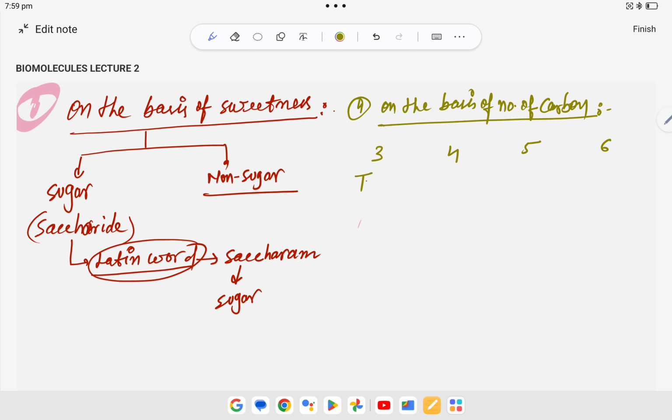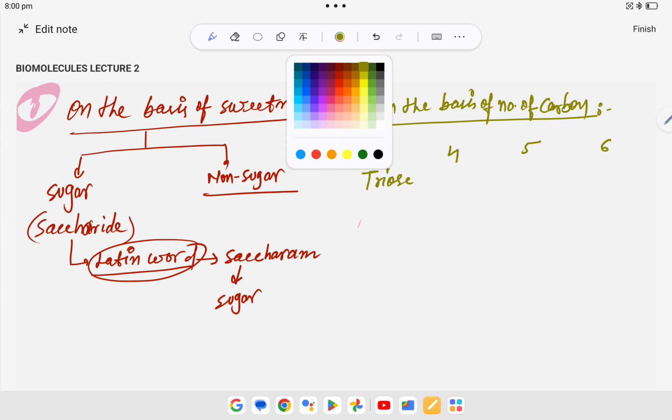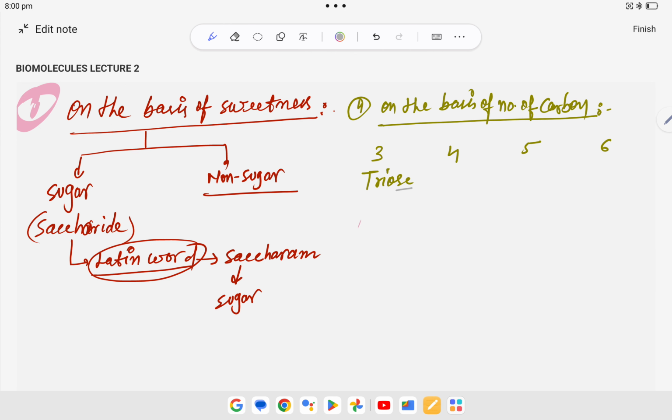With 3 carbons, it is called triose. Here the OSE means sugar.